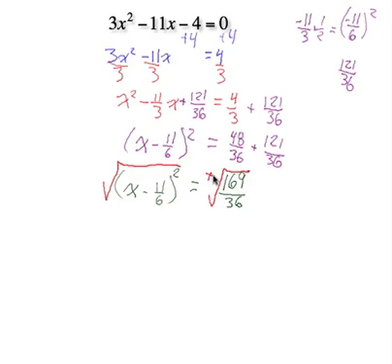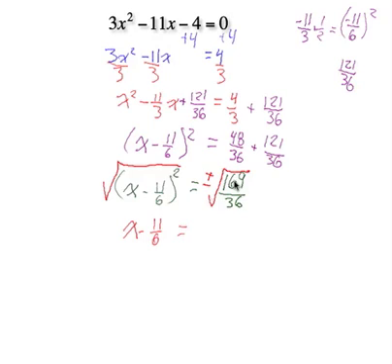Remember that when you take a square root, you need to use the plus or minus sign. So what do we have over here on the left? The square root of x minus 11 sixths quantity squared is just x minus 11 sixths. Over here on the right, we have plus or minus the square root of 169 over 36.